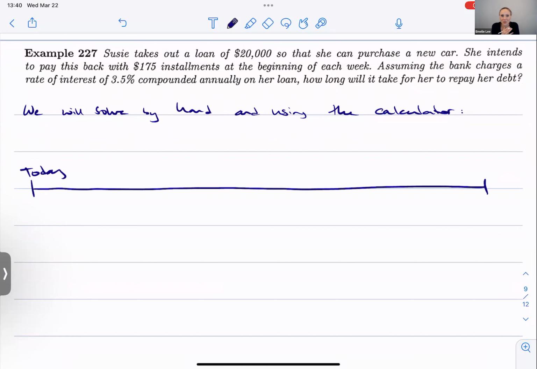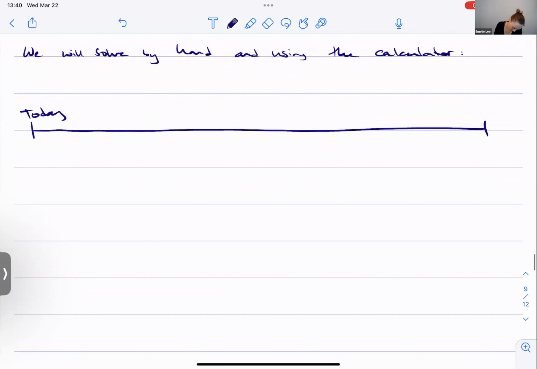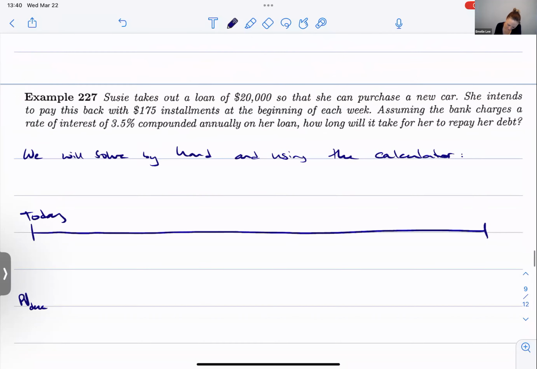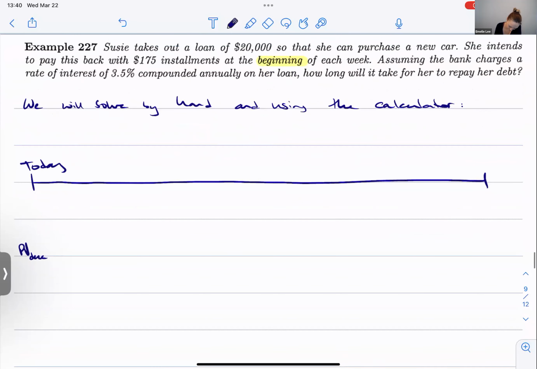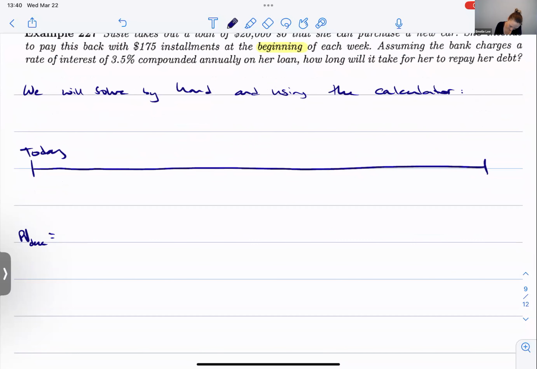But today she borrows $20,000. Now, the amount of the loan is the present value, okay? And so this is going to be some present value due because it's at the beginning of each week, okay? Is $20,000. So these payments that she's going to be making are all to pay off this $20,000 today, right?